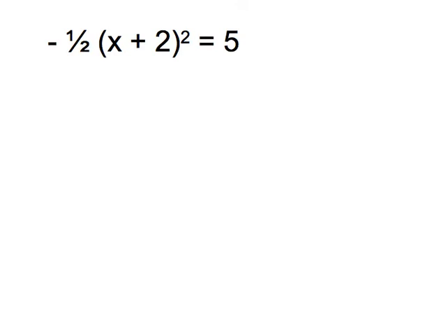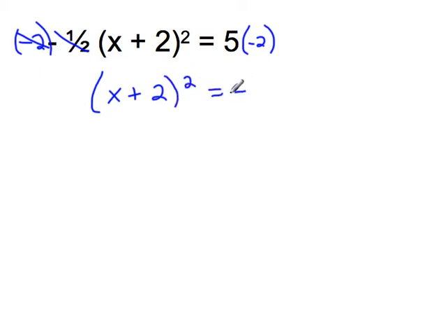Another problem. First, I would start out by getting rid of this -1/2. We could divide by -1/2, but that's the same as multiplying by its reciprocal, which is -2. So I'm going to multiply both sides of this equation by -2. When I do that, the -2 and the -1/2 cancel each other out. That leaves me with x plus 2 squared equals -10.